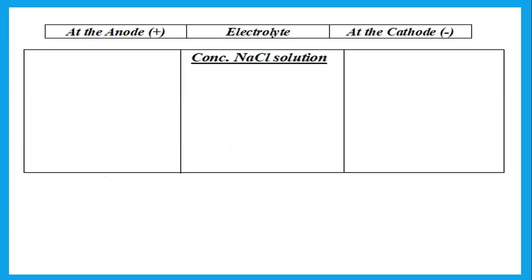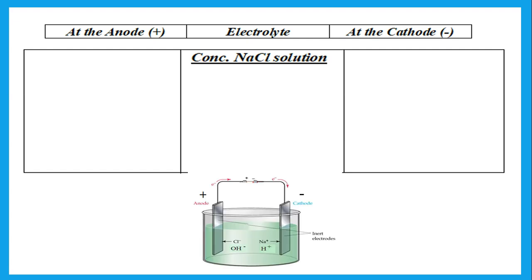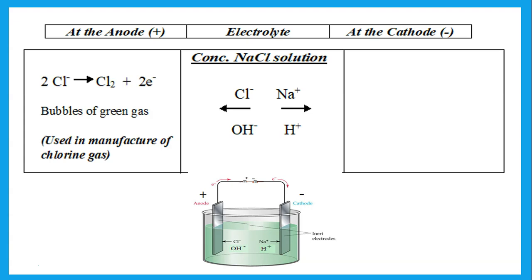Concentrated sodium chloride solution. What are the ions that we have? Na+ and Cl- in addition to H+ and OH- from the water. Again, which one would work at the anode? This is concentrated solution. We have a lot of chloride. It is the chloride that will lose electrons and become chlorine gas at the anode.